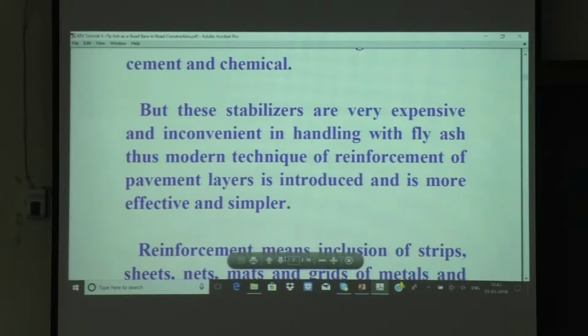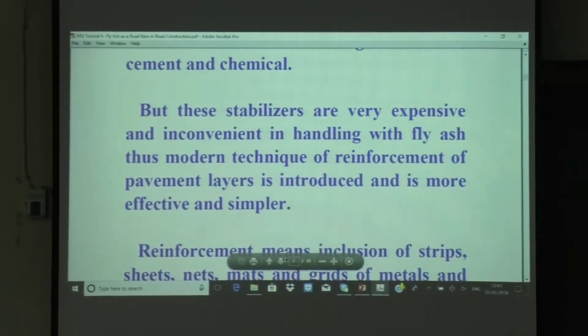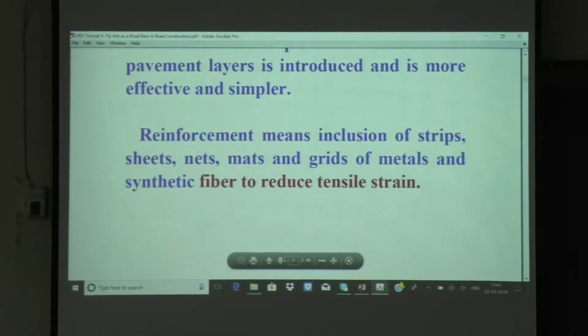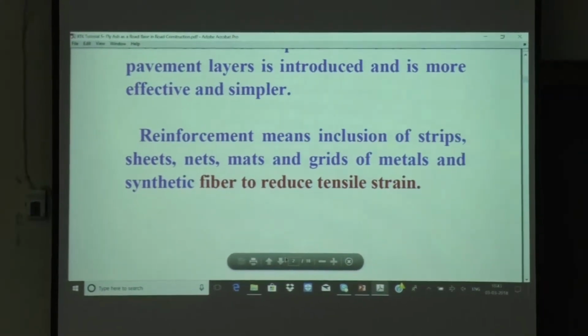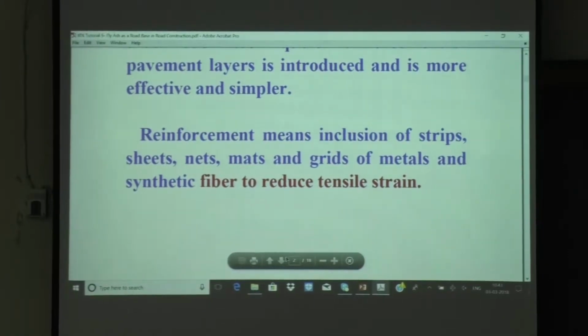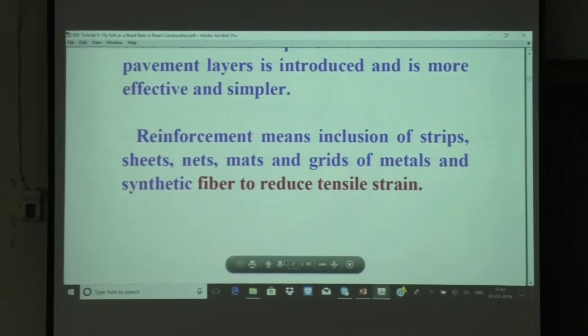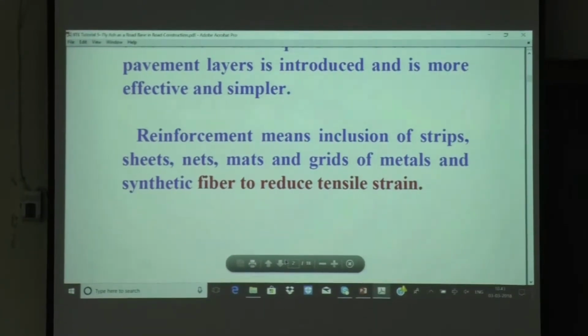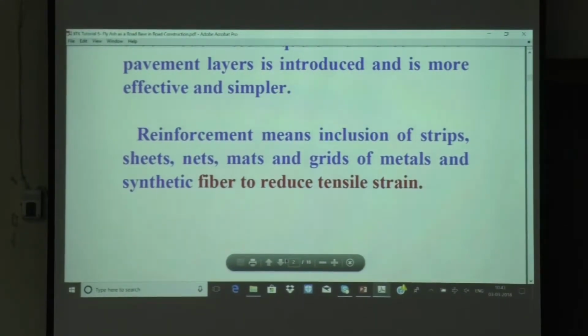So often a modern technique of reinforcement of pavement layers is introduced, which is more effective and simpler. Now, when you talk about reinforcement, it can be strips, sheets, nets, mats, grids of metals and synthetic fibers. What happens if you put those things? It reduces tensile strain. That means it gives more flexibility and reduces fracture. So if you put these in the road, there are fewer cracks.